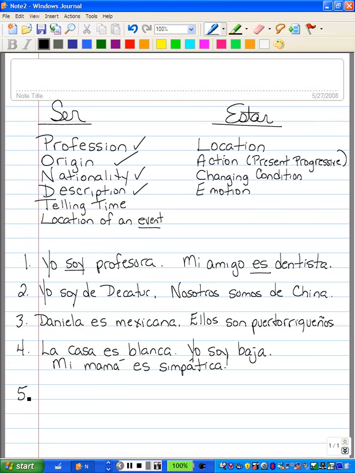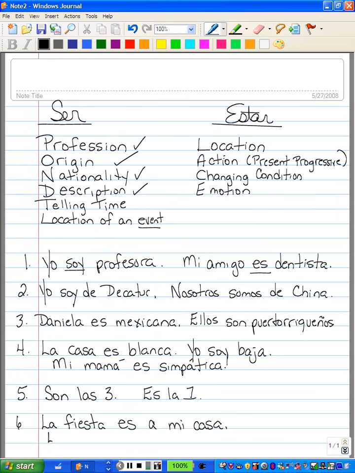Telling time. We just did those on the previous lesson, on lesson 1. If you want to say it's 3 o'clock, son las 3. If you want to say it's 1 o'clock, es la una. And then the last one, a location of an event. You could say la fiesta, the party, es a mi casa. That's at my house.